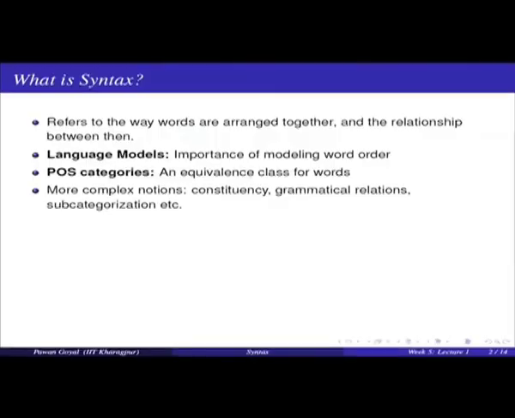Similarly, all these are adjectives. So we are defining some equivalence classes. Now in syntax, we will find out some more complex notions, like what is constituency, what are different grammatical relations among the words, and what words are grouped together in constituency. And subcategorization, etc., are also included in this topic.